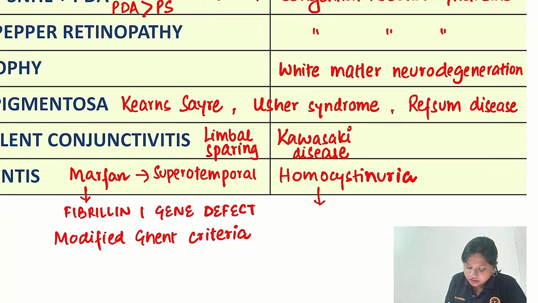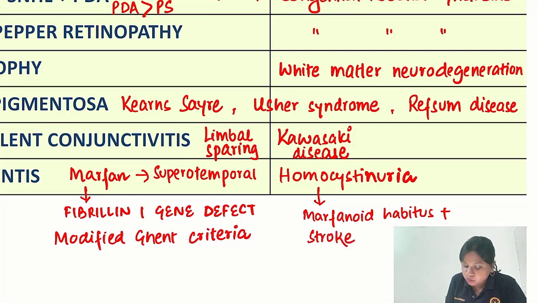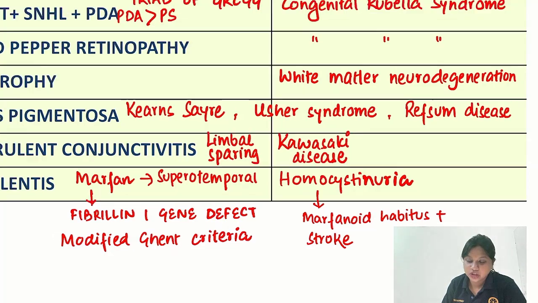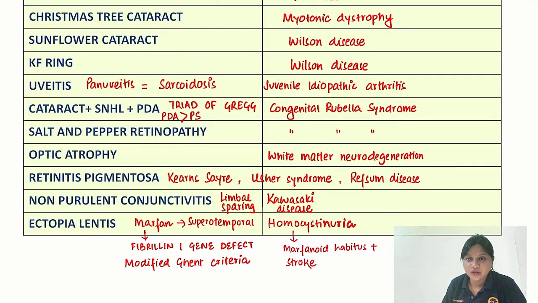So a child with Marfanoid habitus plus increased chance of thromboembolism, that is stroke, will be seen in homocystinuria. So in homocystinuria, we'll have an inferonasal dislocation of the lens, whereas in Marfan syndrome, we'll have the superotemporal dislocation of the lens. So hopefully you have understood all these eye manifestations.